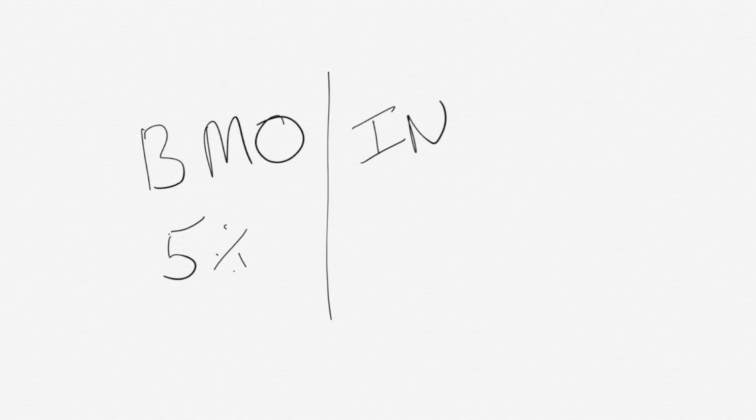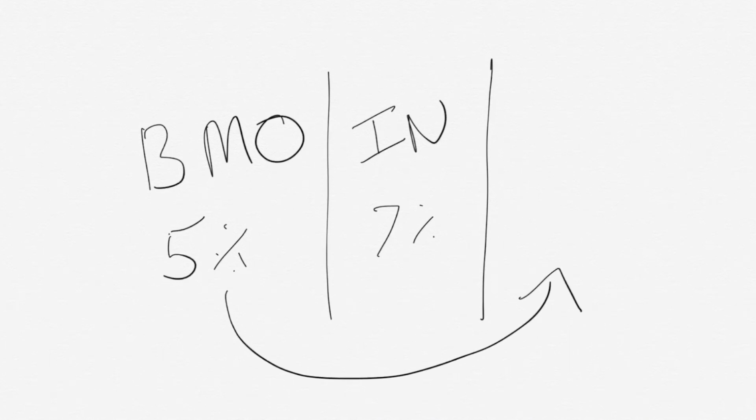However, there is one thing we can look at when we look at that 5% dividend. And that is when it comes to inflation, we'll say IN for inflation. Let's say inflation is right now at 7%, which it roughly is. Then you would want the BMO dividend to increase by at least 7%.